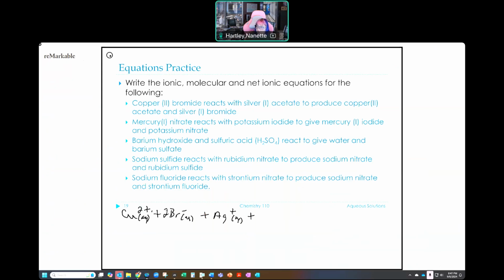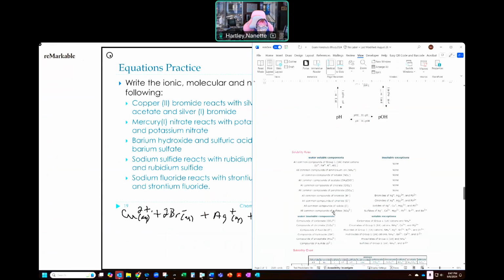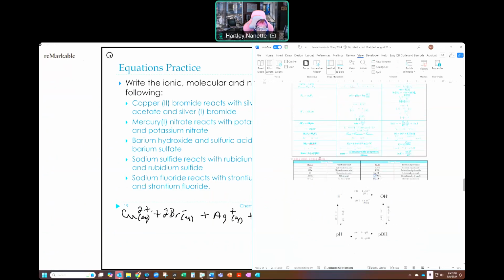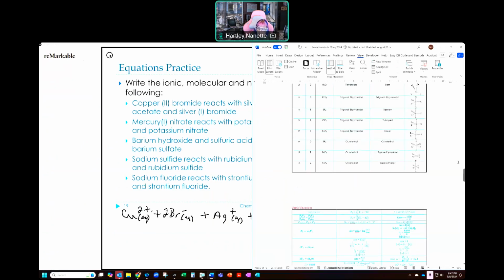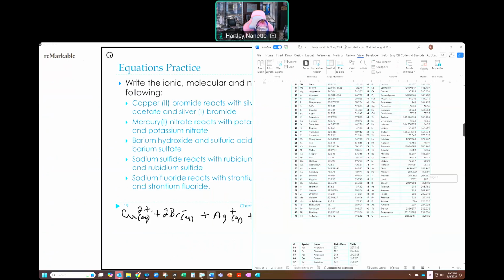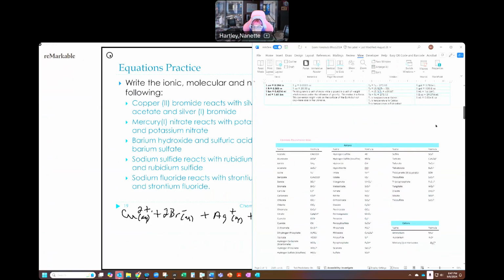Just in case you don't remember, we've got our acetate ion, and I'm going to look at that table that I've got. Let me look at my acetate. You see the acetate is CH3COO minus, aqueous.